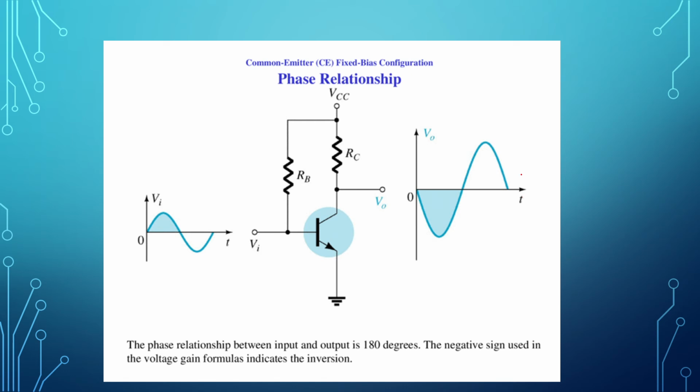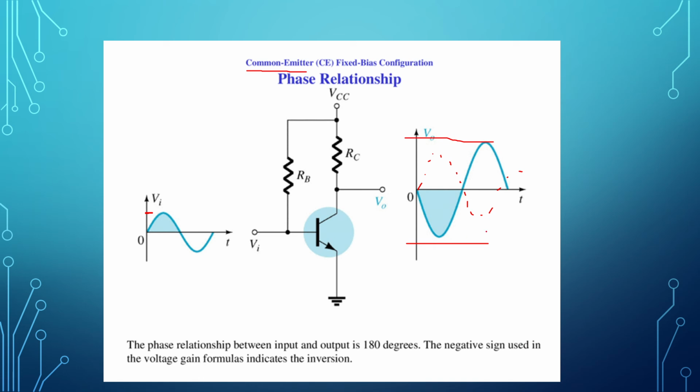Okay, so for the common emitter amplifier, basically we want to amplify the signal. If we put some small value here, it will be amplified, but the amplified output is not in the same phase. So this is the input version, and this is the output version. The output will have a 180-degree phase shift from the input.